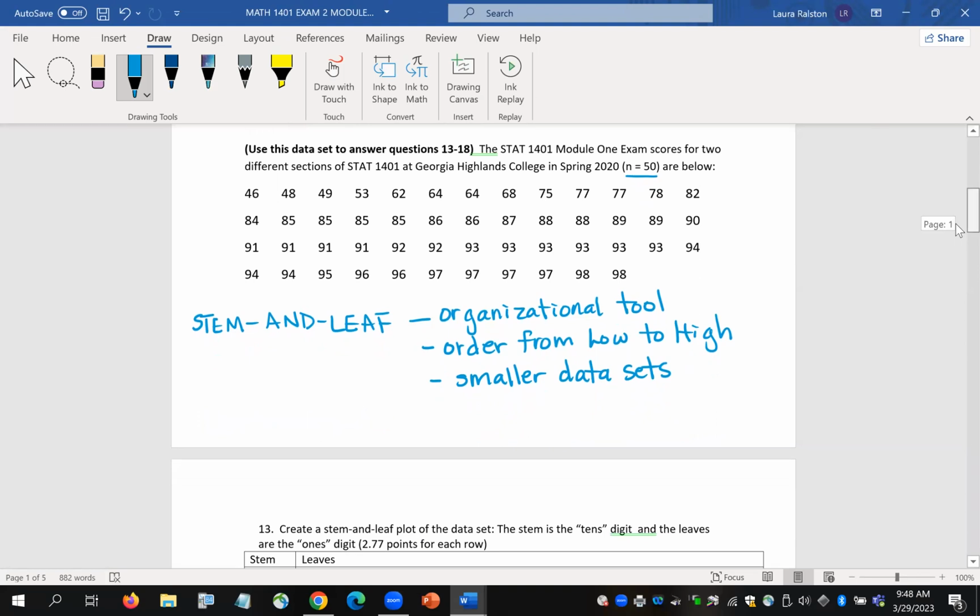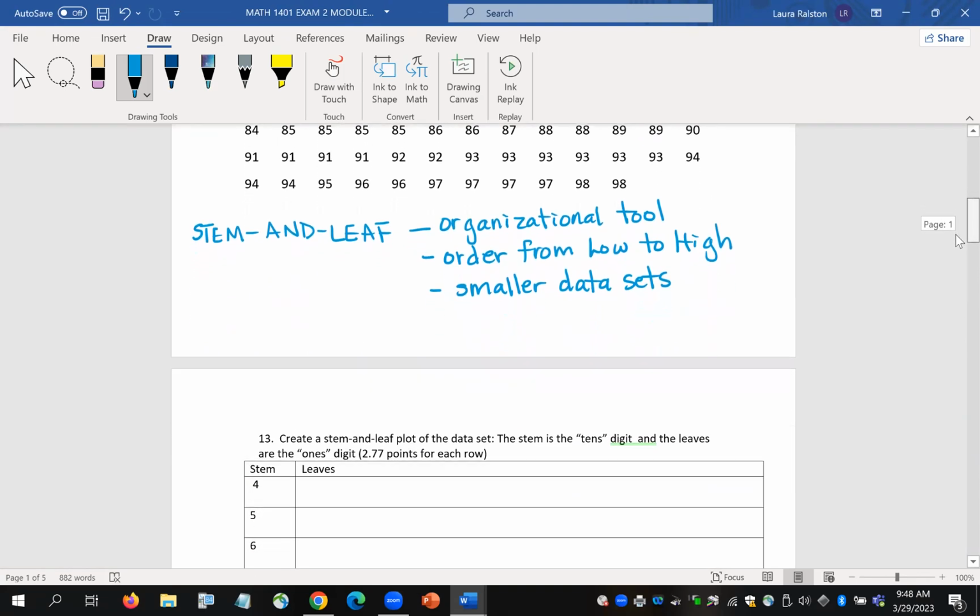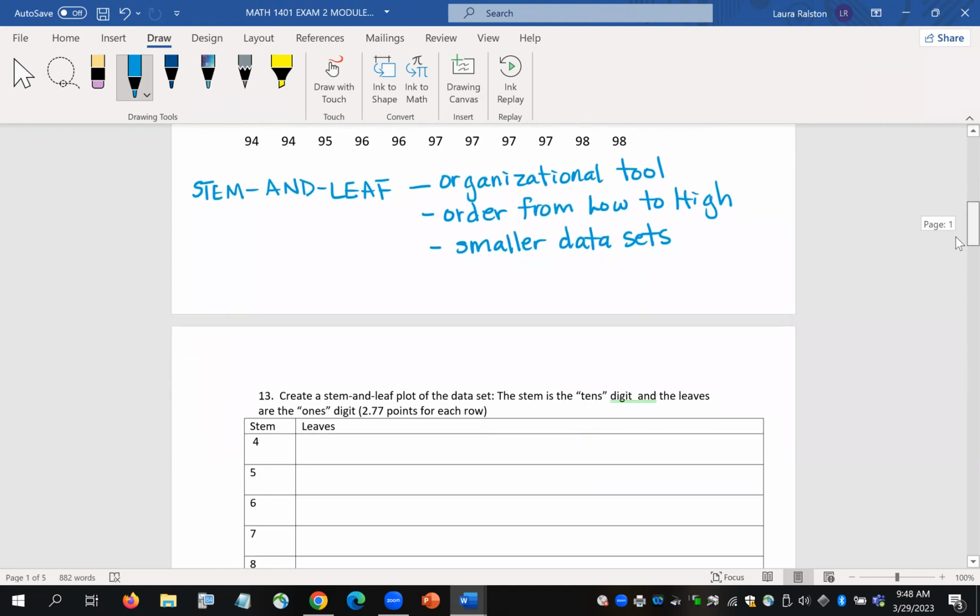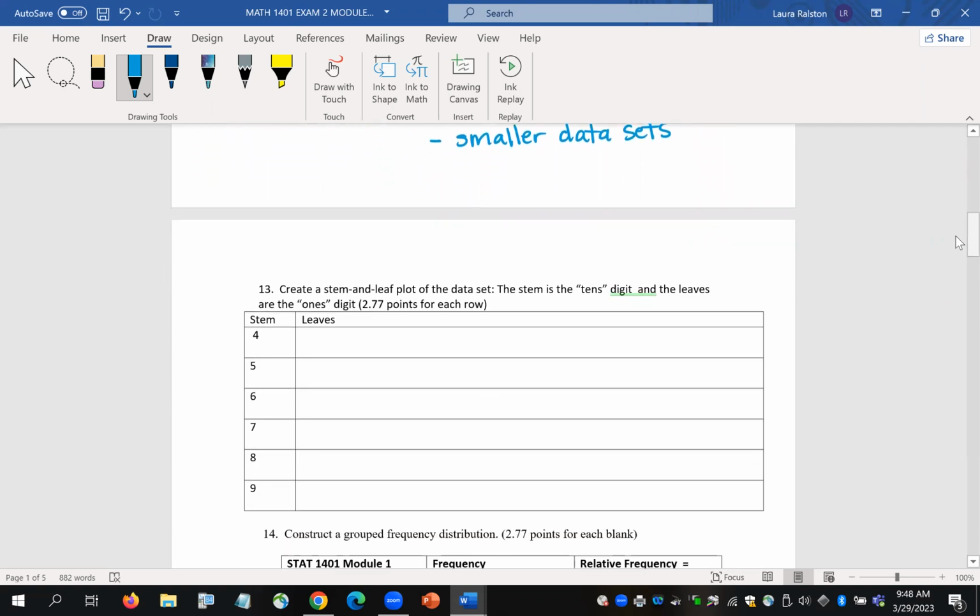So what happens with a stem and leaf is we basically separate our data values by their place values. In this case, we have a 2-digit number, such as, say, 57.